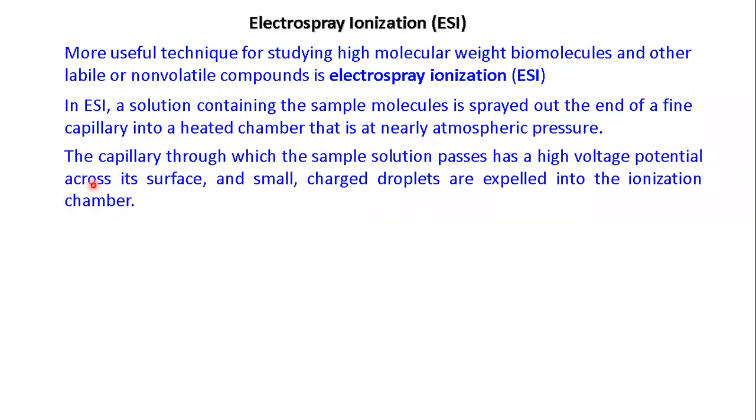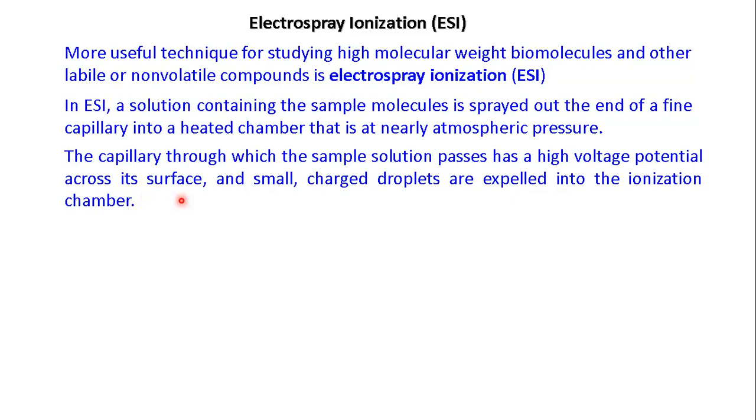Now the capillary through which the sample solution passes has a high voltage potential across the surface. So you have an external potential utilized. That means if you have some potential difference, the molecule can undergo an oxidation or reduction reaction, so you can have an electron transfer process from the molecule.